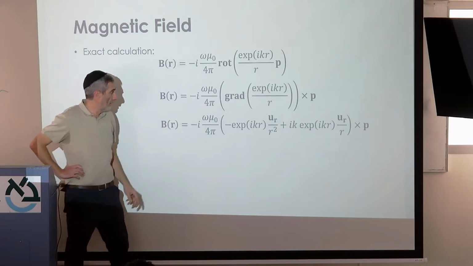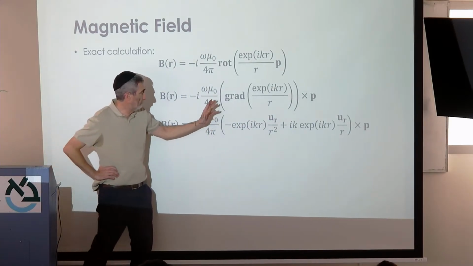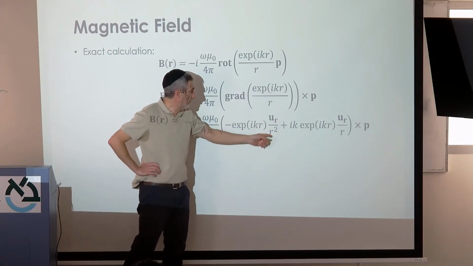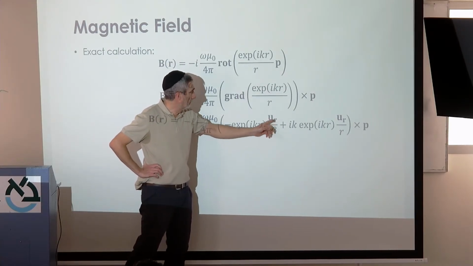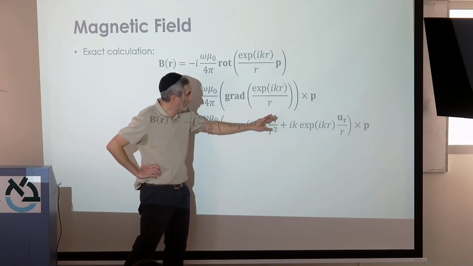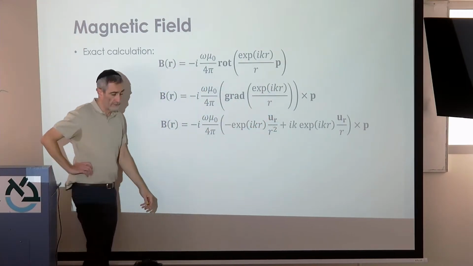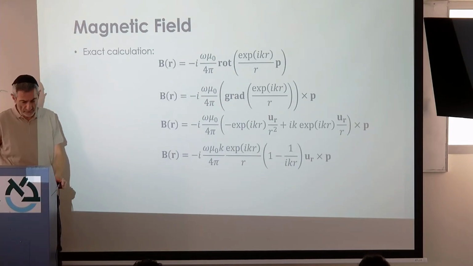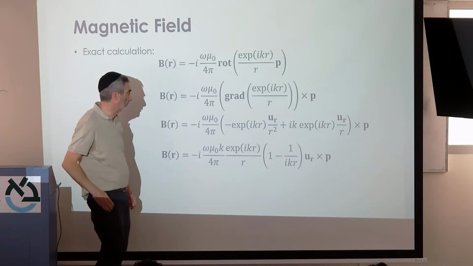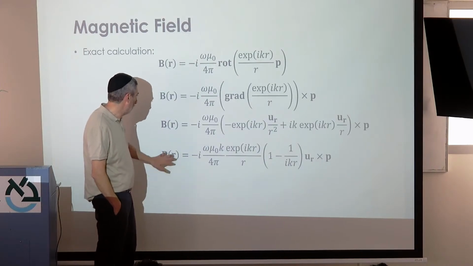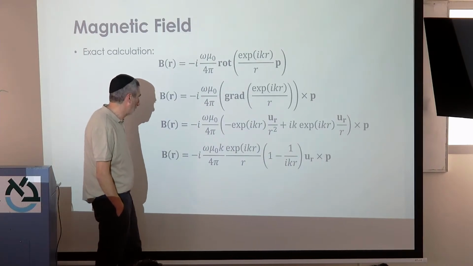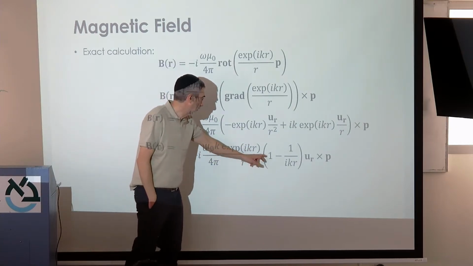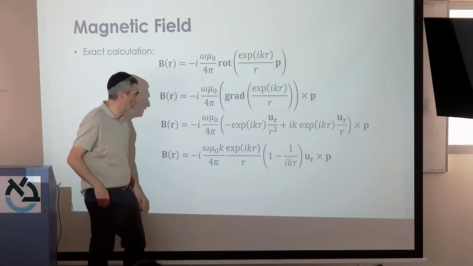You have a formula for the gradient of a product: this term times the gradient of 1 over r, plus the gradient of this term times 1 over r. So we can group the terms together, and you end up with this expression for B, with the exponential e^{ikr} over r, and the term 1 minus 1 over ikr.